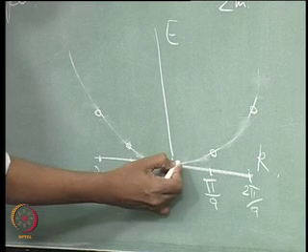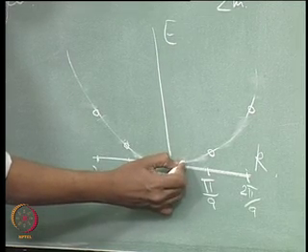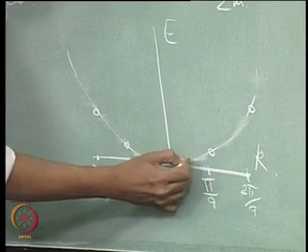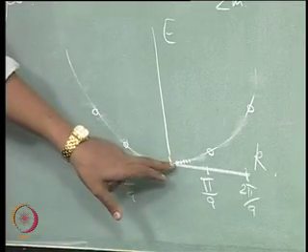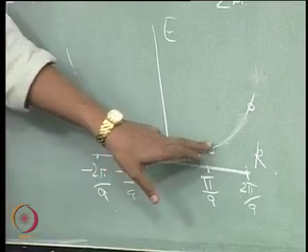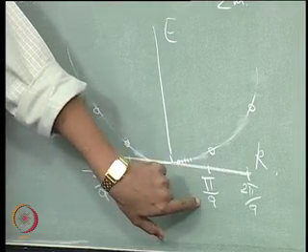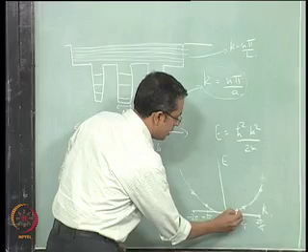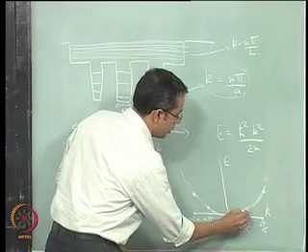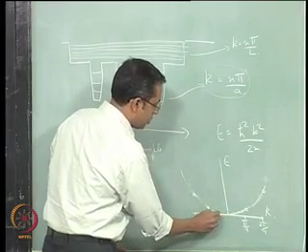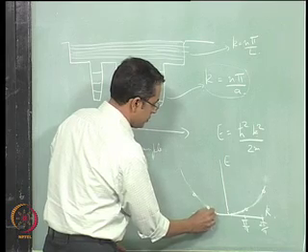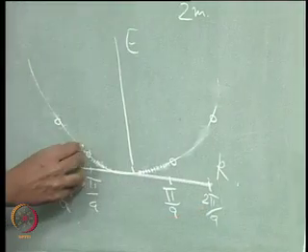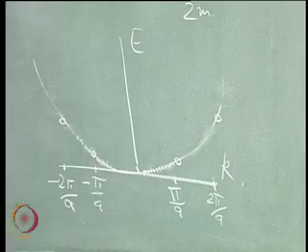Pi by L is an extremely tiny number, so you will have several points of n pi by L permitted before you arrive at pi by a if you draw it to this scale.